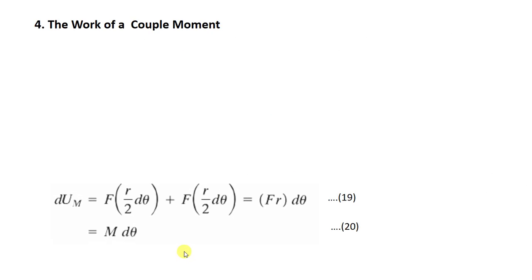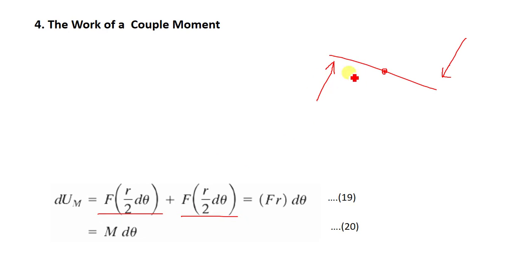Okay, the work of a couple moment. This one is straightforward as well. When you talk about a couple moment, we're talking about something like that, and then we have two forces acting on it, the force from this side and that side, and it's rotating about a fixed point there. So how can you find the work of this? You just simply add the forces F1 and F2.